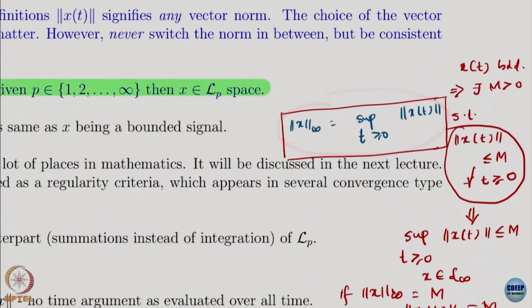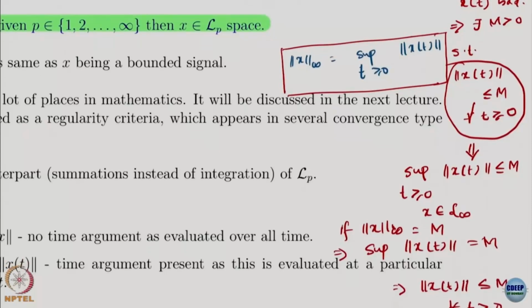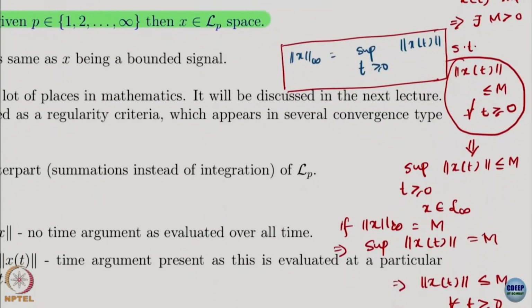If a function is bounded, it means that there exists some positive number m such that the vector norm is smaller than m. Notice this is the vector norm notation. Whenever I put the time argument, then I am computing a vector norm because I froze time.